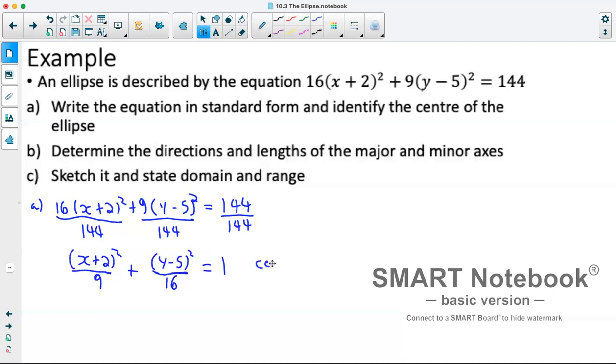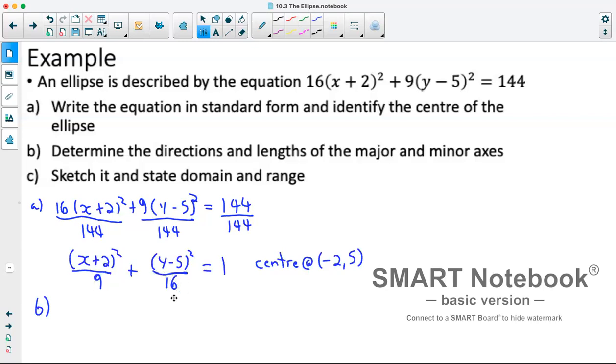Our center, we can get just like our center of our circle. So it'd be at negative 2, positive 5. Now, our larger denominator will match up with our major axis.